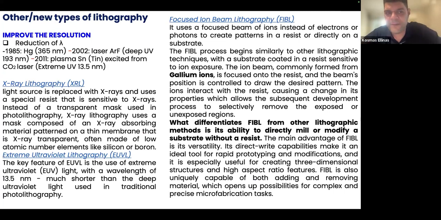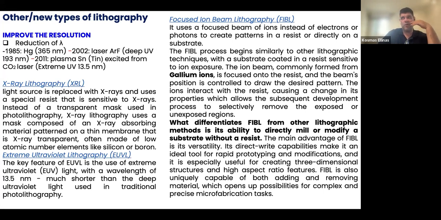In order to further improve the resolution, the productivity, the size, to reduce the size we can produce, people started to work on how to reduce the wavelength. So starting from mercury lamps in 1985, we have gone to deep UV, to laser, to extreme ultraviolet, to E-beam.